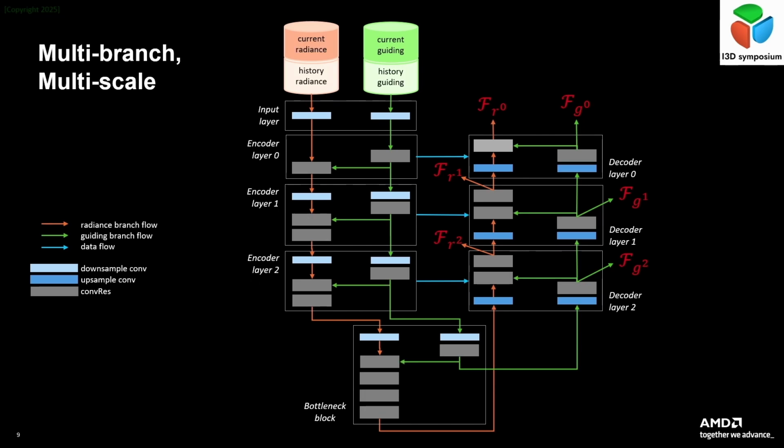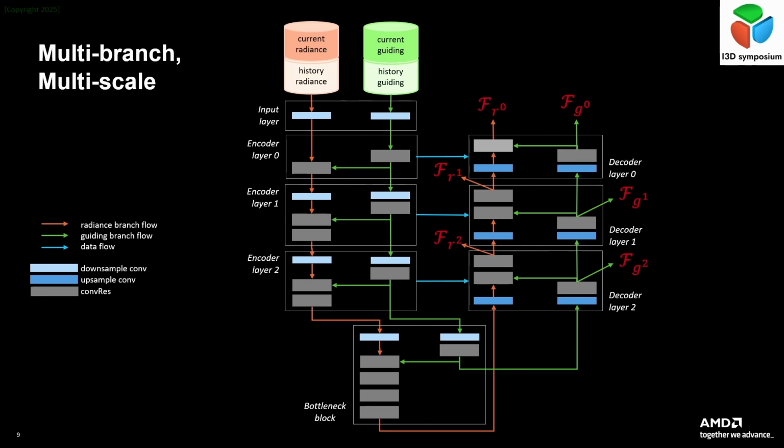And in each layer, we have a skip connection to help the radiance branch feature extraction from the guiding branch. And finally, we have 3 different scales of multi-scale features from each branch. So we have a total of 6 different feature maps from this multi-branch, multi-scale architecture.